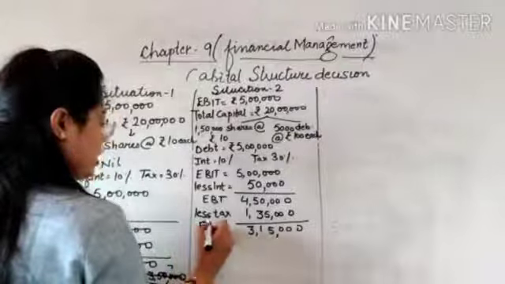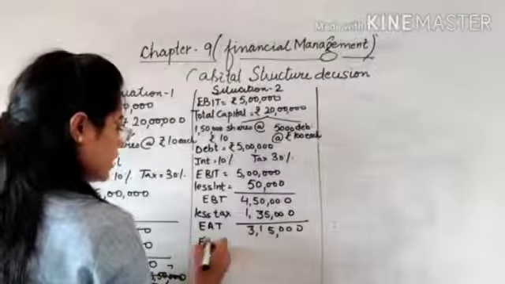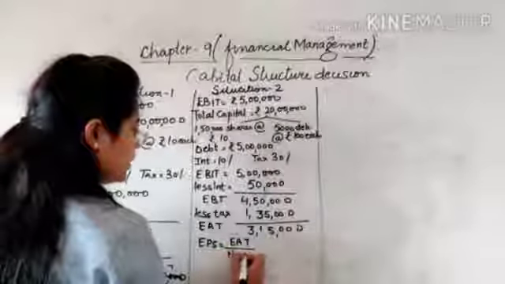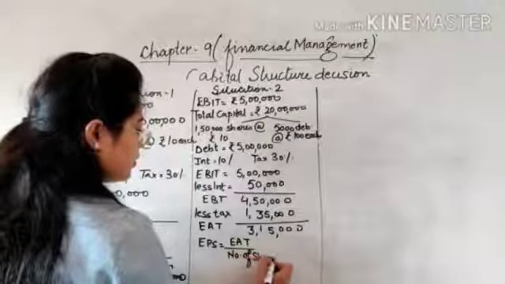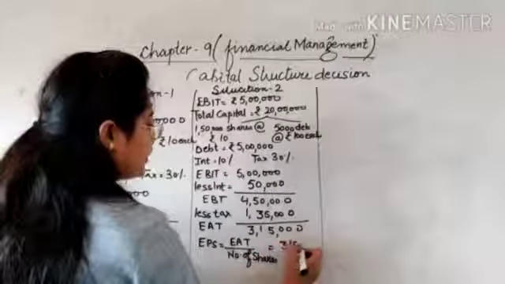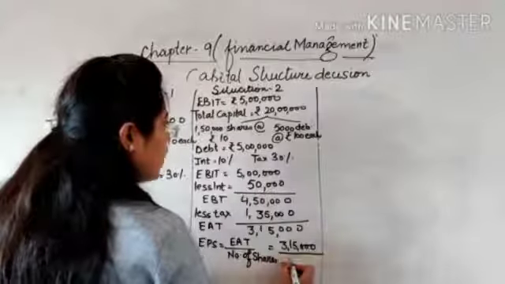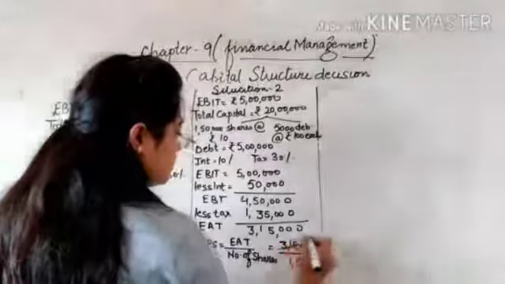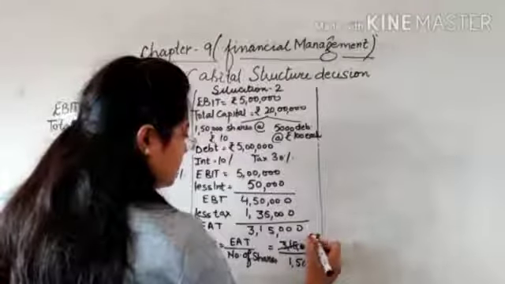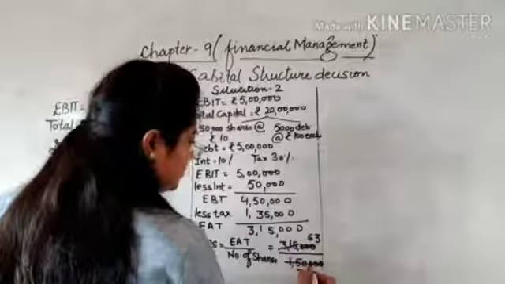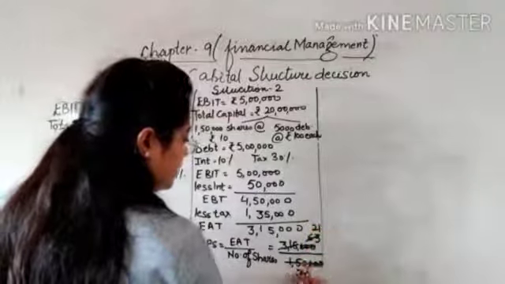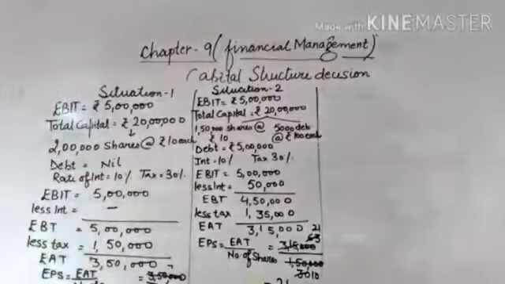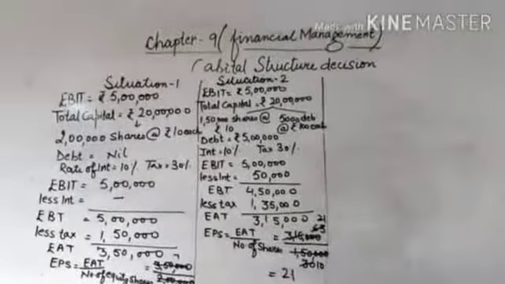This is earning after tax. EPS is earning after tax upon number of shares, that is 3,15,000 upon 1,50,000. It is 2.1. Earning per share is 2.1.